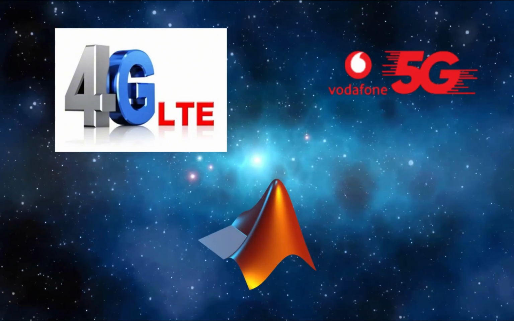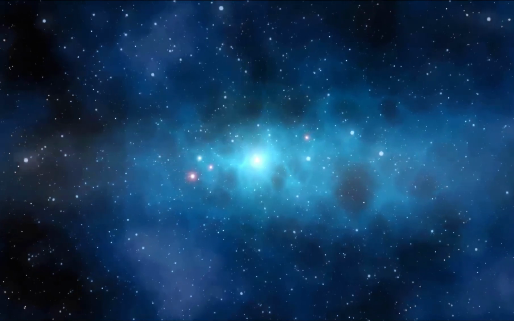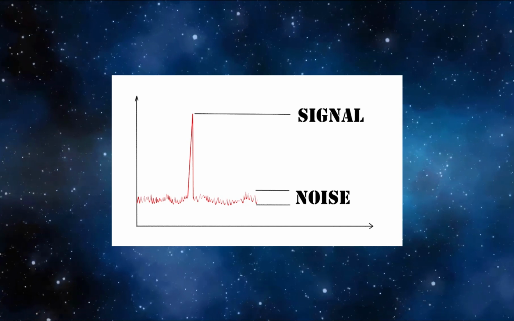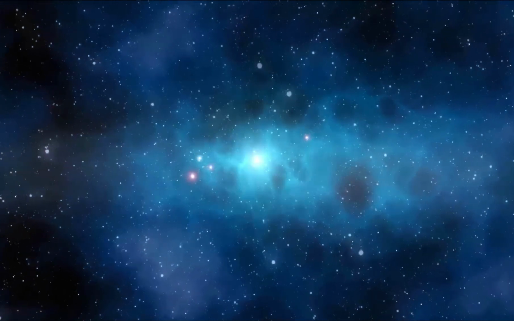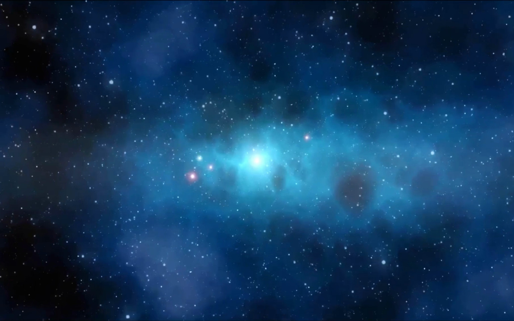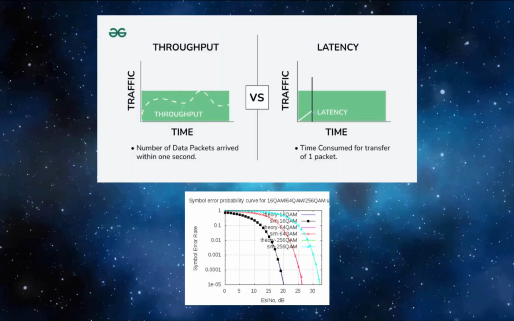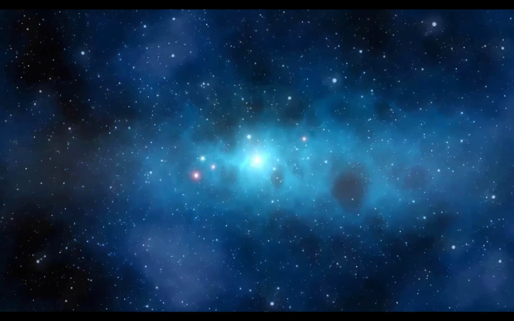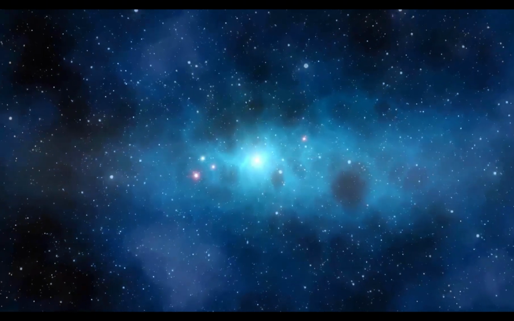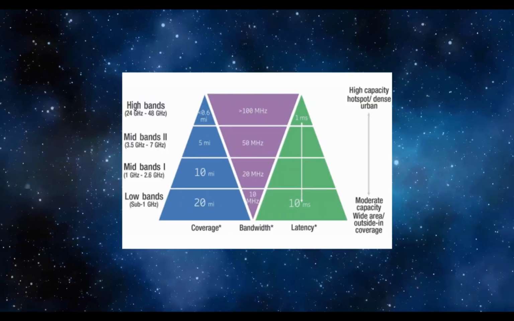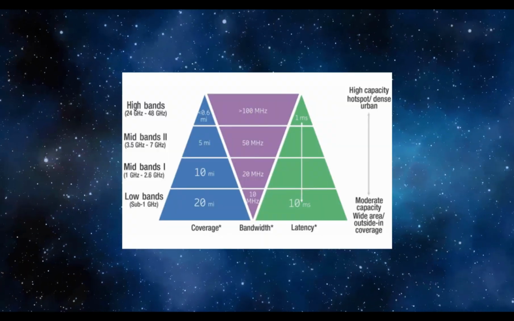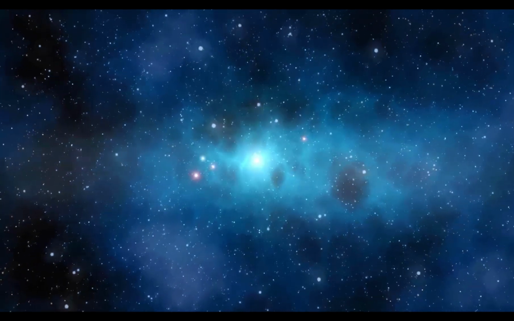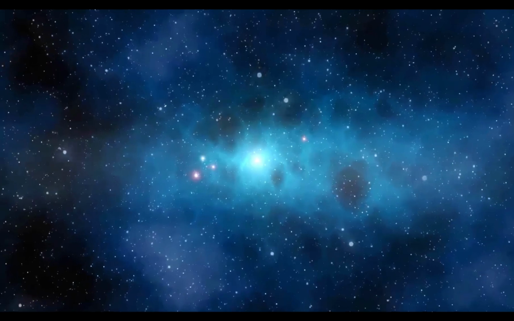The purpose of this project was to model and visualize how the signal to noise ratio, or in short SNR, affects core network performance parameters such as throughput, latency, symbol error rate, and cell coverage quality. Through this simulation, we aim to better understand how 5G achieves higher data rates, lower latency, and more efficient communication compared to previously known 4G models.